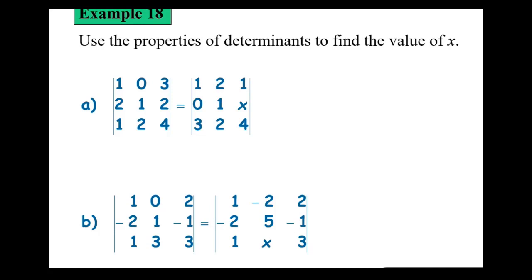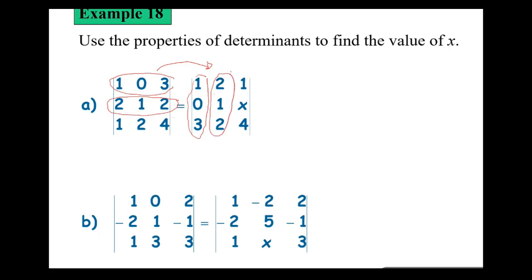Okay, let's look at example 18. Use the properties of determinants to find the value of x. We must be alert to the changes that occur from the left side to the right side. Here we can see that the elements in the first row are equal to the elements in the first column. The elements in the second row are equal to the elements in the second column on the right side.